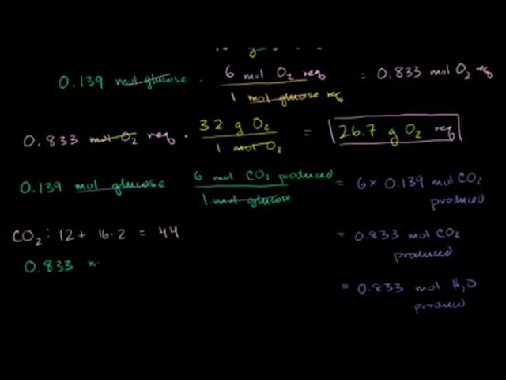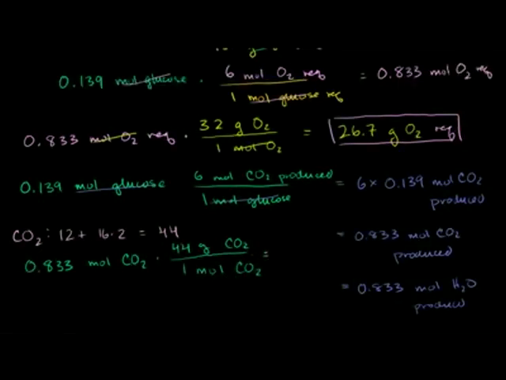So if we are starting off with 0.833 moles of carbon dioxide that are produced, we want to figure out how many grams per mole. We're going to put the moles of carbon dioxide in the denominator because we want it to cancel with that. And then we have the grams of carbon dioxide. We know carbon dioxide's atomic weight is 44, so that means there are 44 grams if we have a mole of carbon dioxide, if we have 6.022 times 10 to the 23 carbon dioxide molecules.